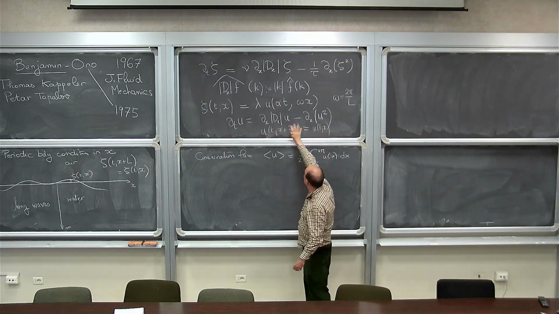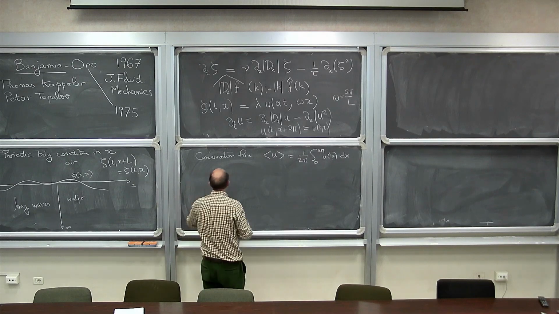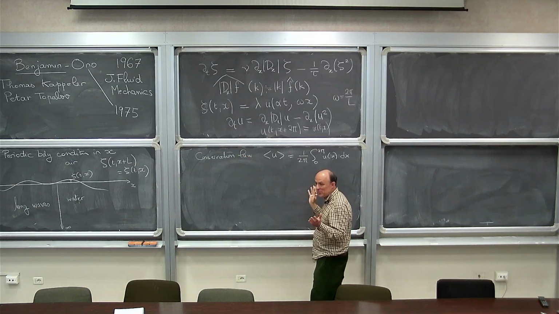You will see here you have derivatives. So when you average, this cancels. So this precisely tells you that the derivative with respect to time of the average is 0.